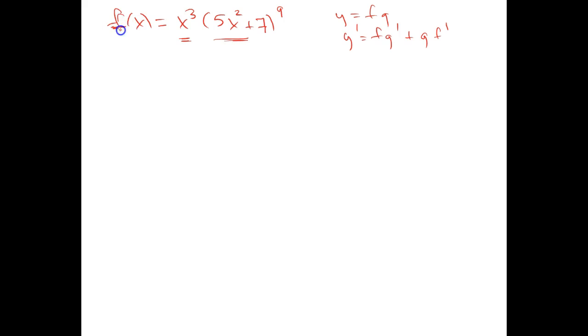Right, it's f of x. So the derivative, f prime of x, is our first term, which is x cubed, times the derivative of our second term. And this is a chain rule.